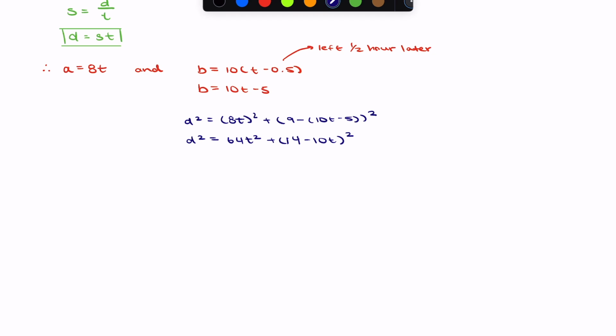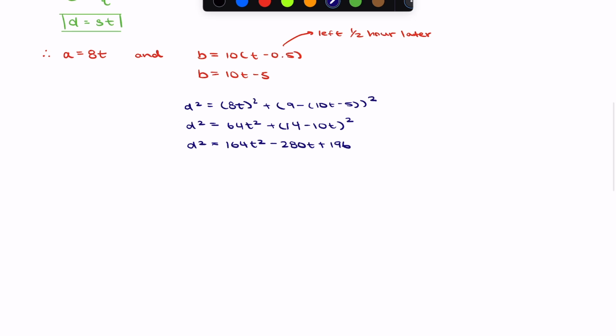Okay, so here we get d squared is equal to 164t squared minus 280t plus 196. Okay, so this is going to be a very messy derivative.